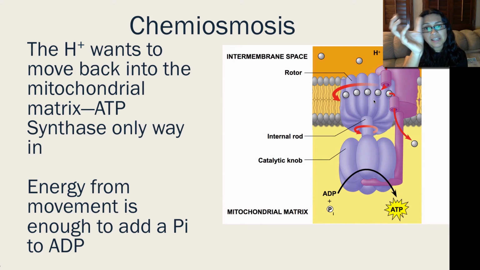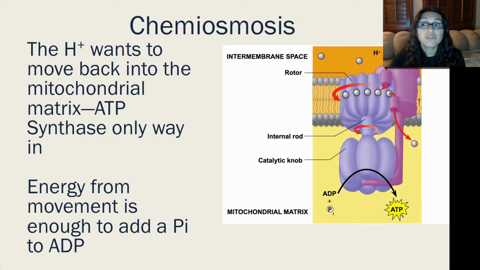The spinning of the top part of the rotor here spins this internal rod here. The spinning of the internal rod causes catalytic sites down here in the knob to change shape, and that is going to allow ADP and inorganic phosphate to come in and actually bind together.